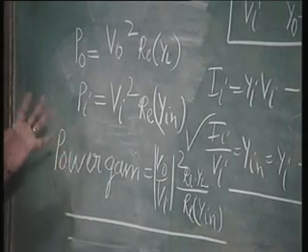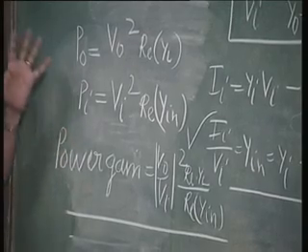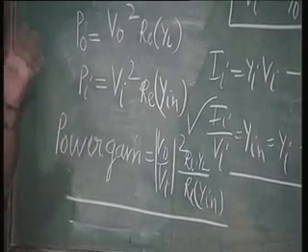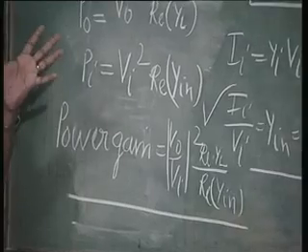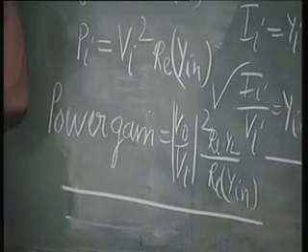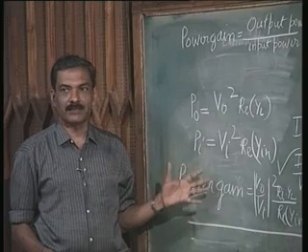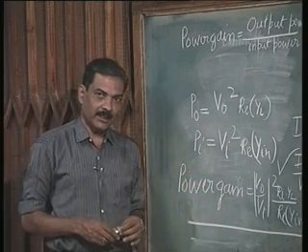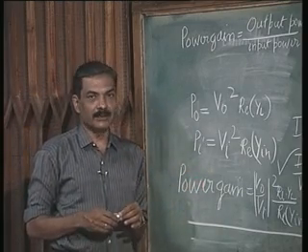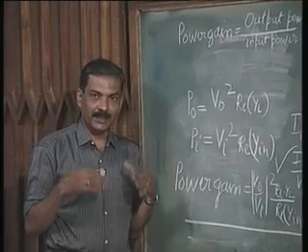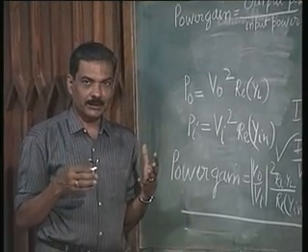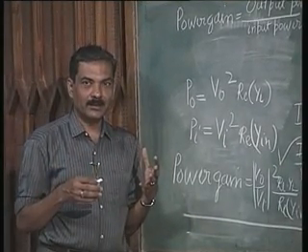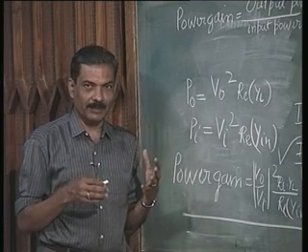The same thing can be derived for any of the parameters Z, G or H by adopting a similar procedure and similar definitions. So, in summary, I can say that we have understood how to derive for any two-port network the important performance factors of the amplifier.